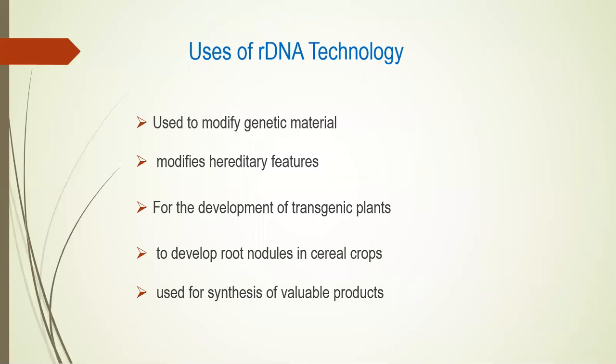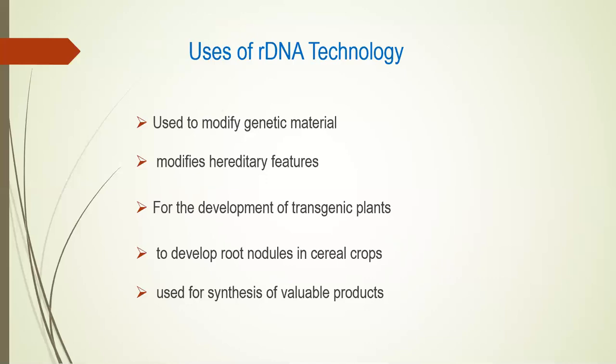As we have seen the various steps used in production of recombinant DNA, now let us look at the various uses of this recombinant DNA technology. The first use: genetic engineering is a biotechnology technique which is employed to modify the genetic material, that is DNA, in a living cell for a desired purpose.